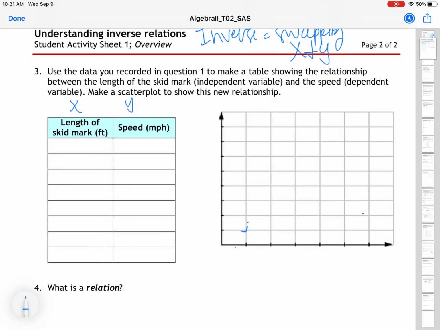Remember, on number 1, our speed is our x, and the length of our skid mark is y. But on number 3, our x is the length of our skid mark, and our speed is our y. So all I'm doing is I flip-flopped all of my values.